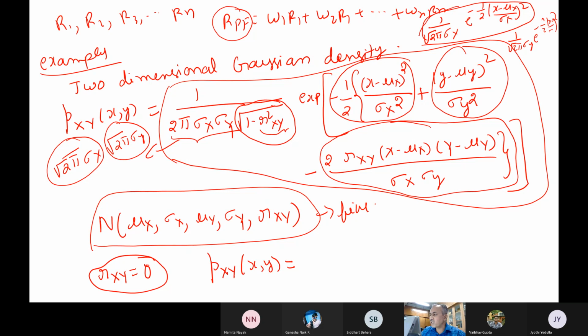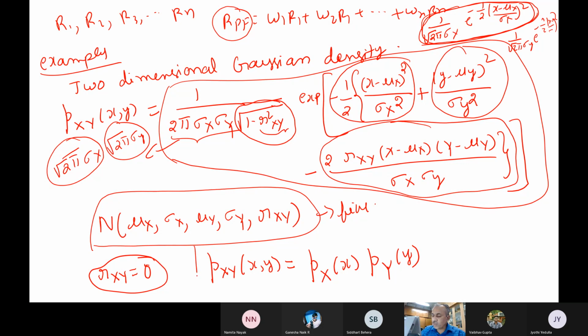Now what is this quantity? This is nothing but the Gaussian distribution of X into the Gaussian distribution of Y. Excellent. Gaussian, that is a one-dimensional distribution. You followed: Px of X into Py of Y.